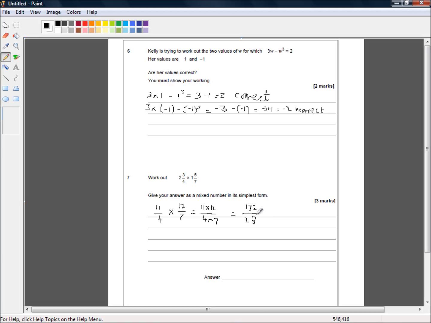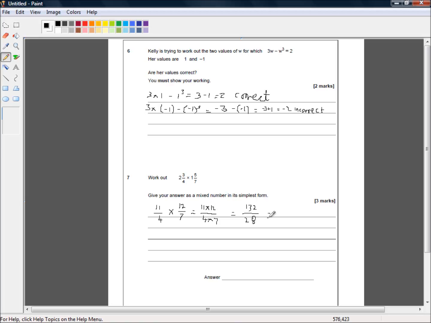So what we're looking to do now is figure out how we can make this simpler. Okay, well, if we notice, 12 here is 4 times 3, so we know that 11 times 12 will divide by 4, and we know that 28 is 4 times 7.